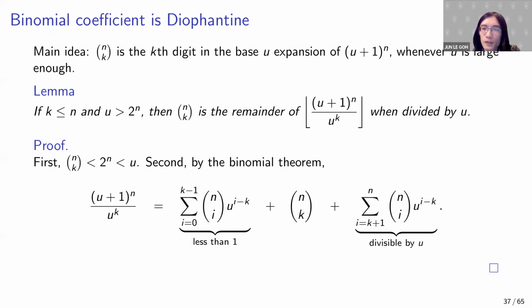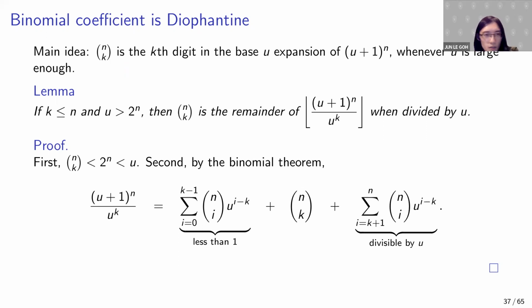When you take the floor function, the last one goes away, and so n choose k is the remainder. This proof was short enough that I decided to give it anyway. But the whole point is that we don't actually care about this statement being true. The point is that now we have a Diophantine definition of the binomial coefficient.